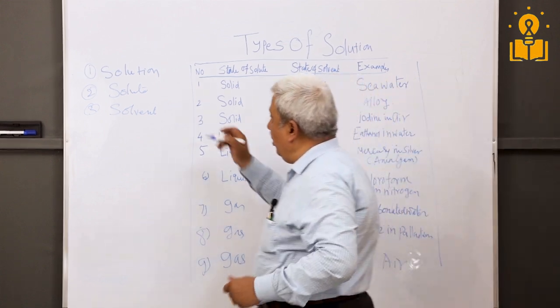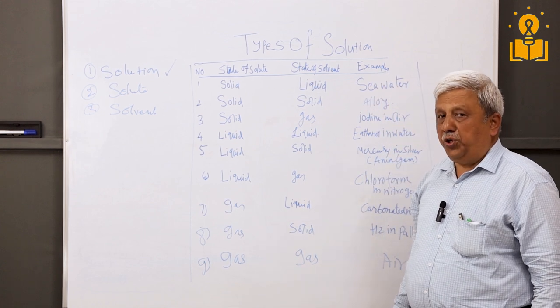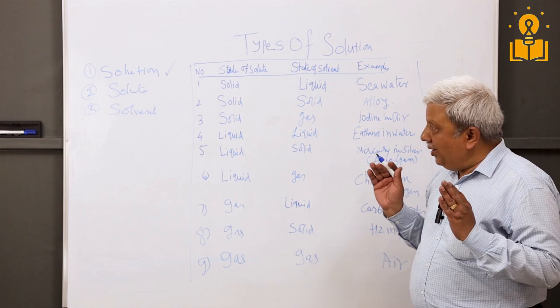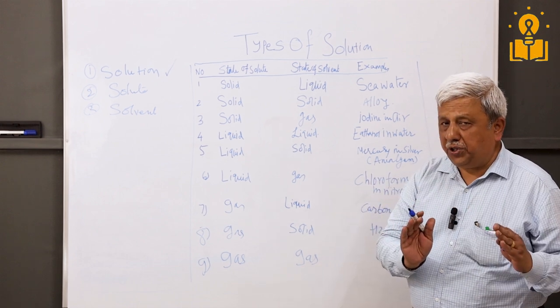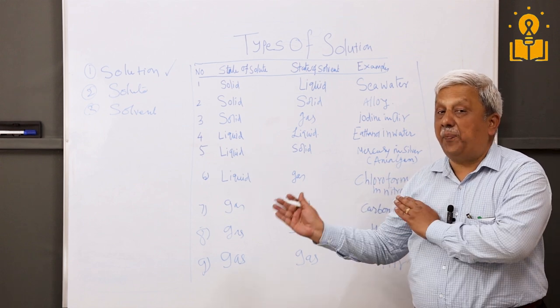First, we will see about the solution. As I said, a solution is a mixture of solute and solvent. On this basis, there are three types of solutions, and we will define each separately.